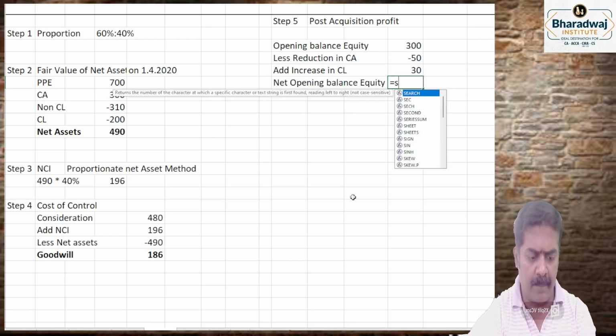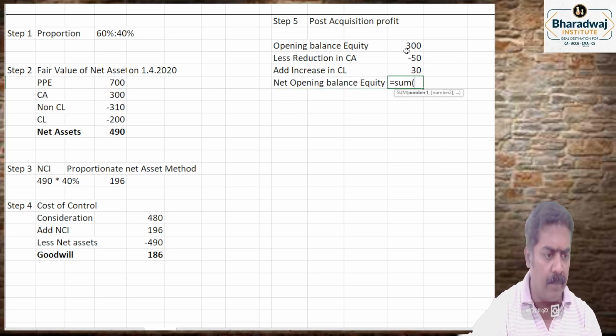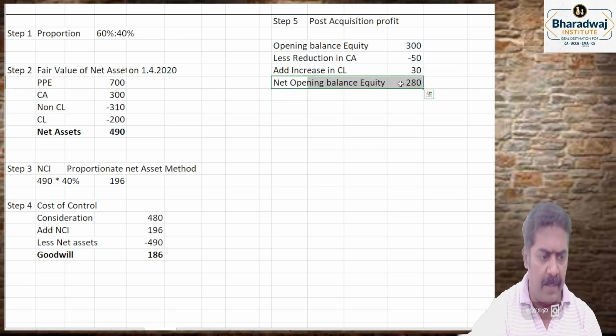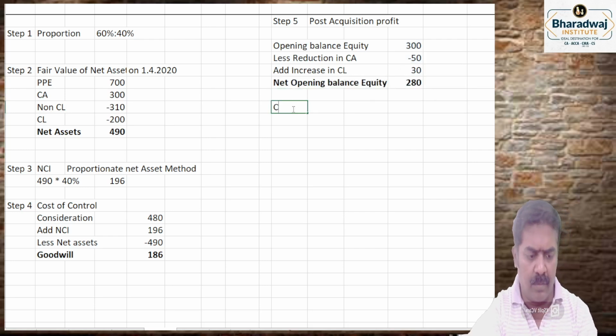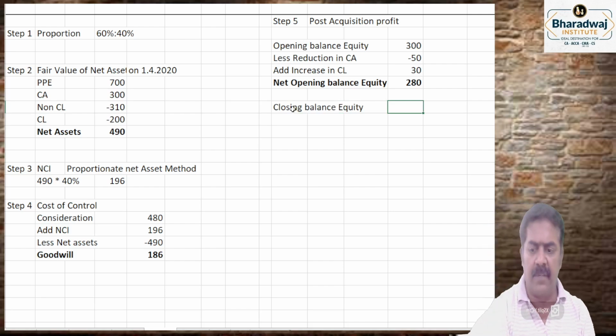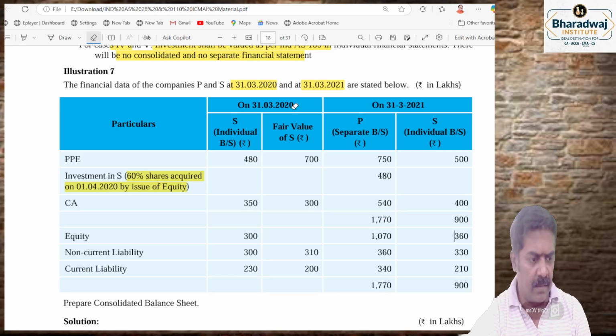How much? 280. What is the closing balance? Equity given for the other company. Closing balance of equity given for the other company. 360.